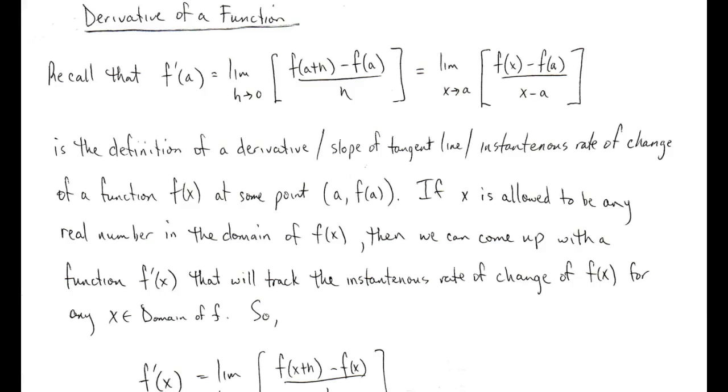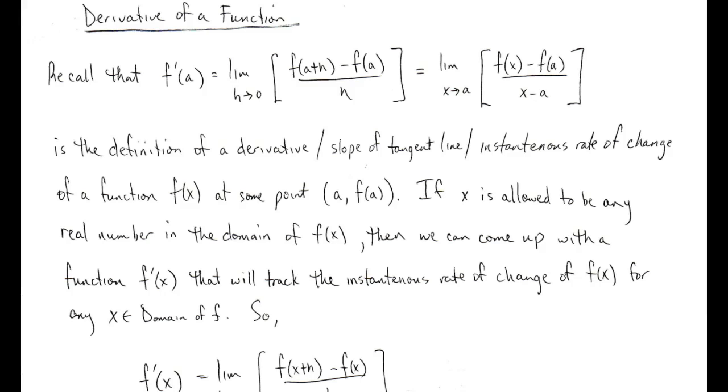And we also realized that the slope of the tangent line characterized instantaneous rate of change, whereas the slope of the secant line, which is another way of writing our difference quotient, which is another way of writing the slope of a line, was what we call average rate of change.